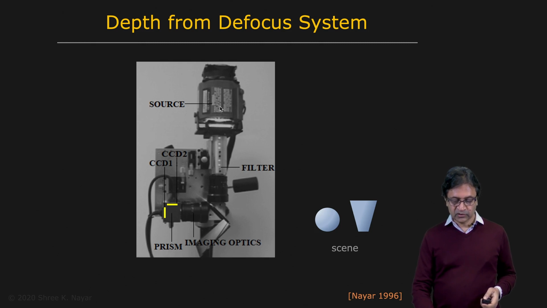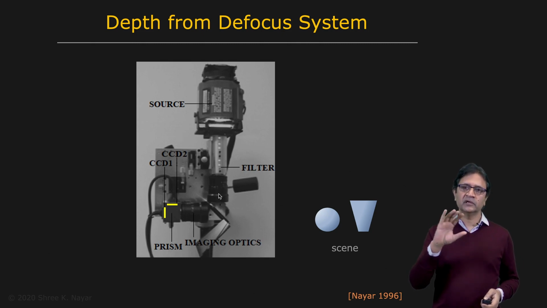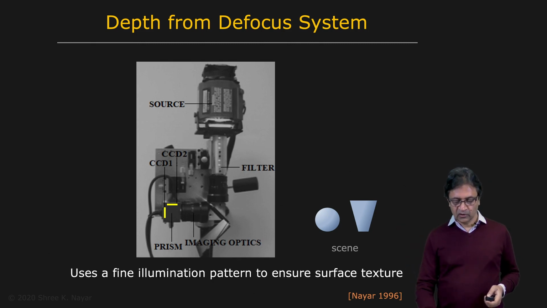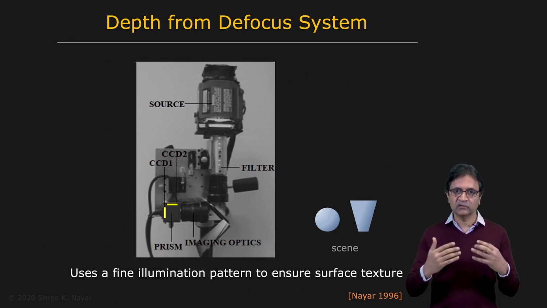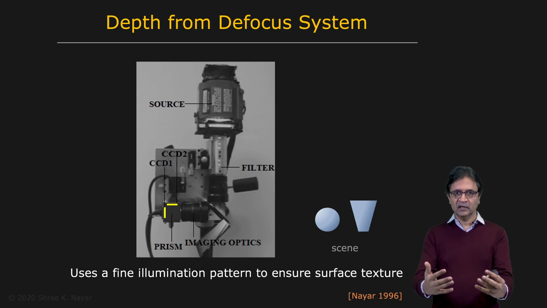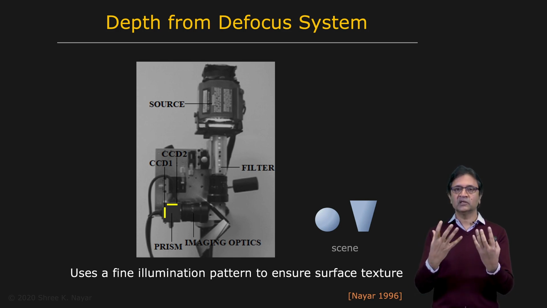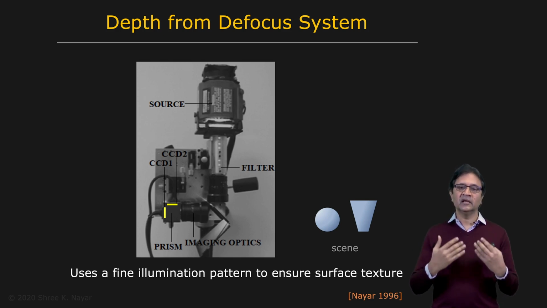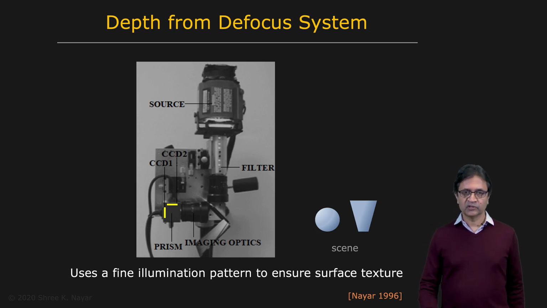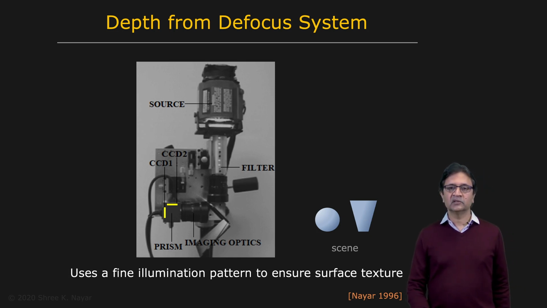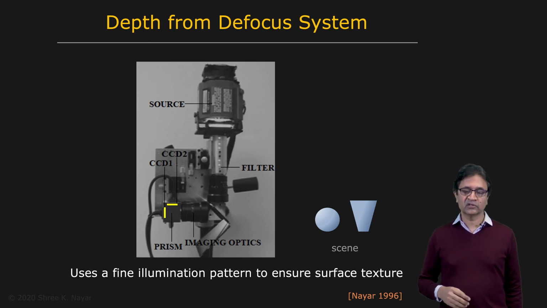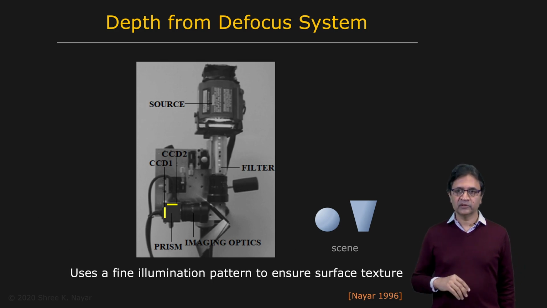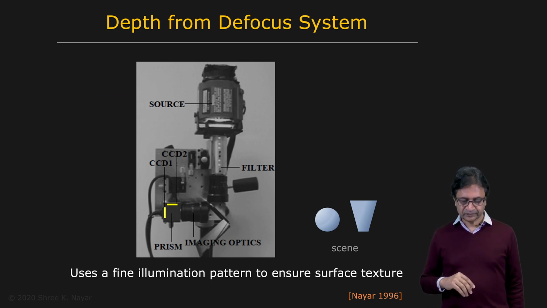So there is a light source where the light goes through an optical filter that produces a very fine illumination pattern onto the scene. And therefore, one is actually, through the illumination, forcing a texture on the scene. And at that point, the scene takes on that texture as its own, and then depth from defocus is being used to reconstruct the three-dimensional structure. It works very accurately because now you have a very strong texture at all points in the scene.